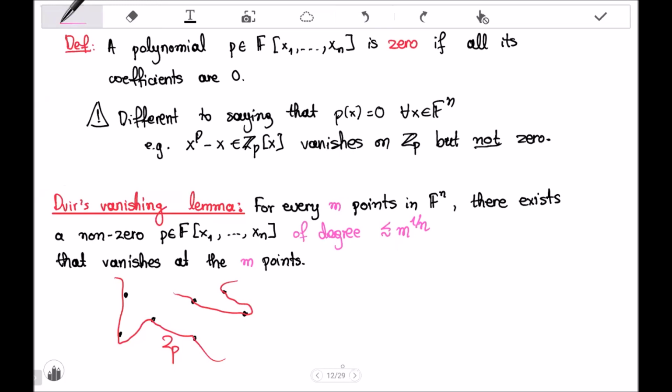This is what he used to prove that Kakeya sets are big. He took a polynomial of this degree vanishing on the points of the Kakeya set, and he saw what kind of structure that means for the picture, like we said earlier.